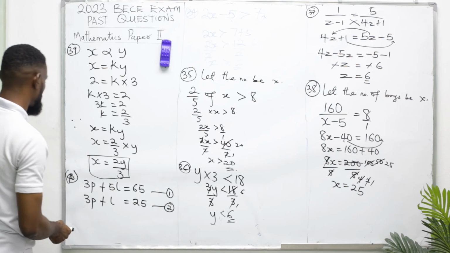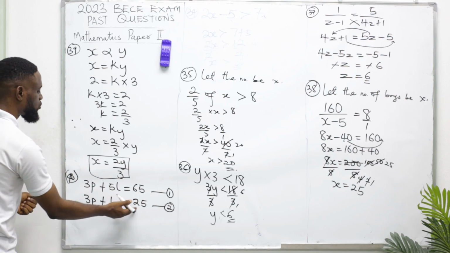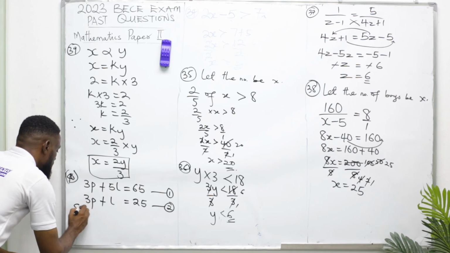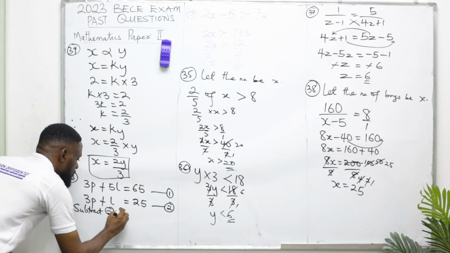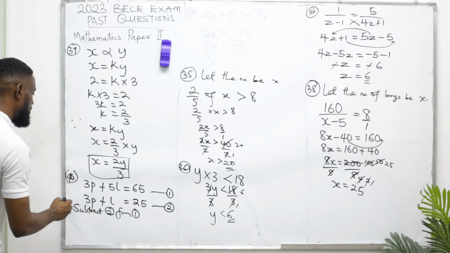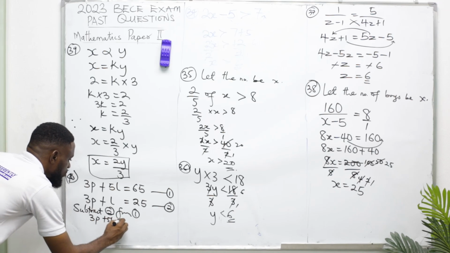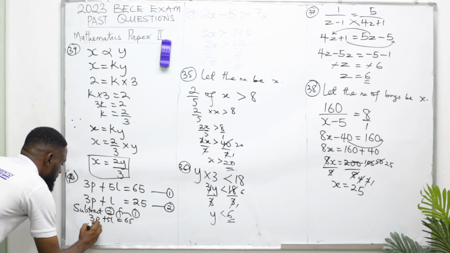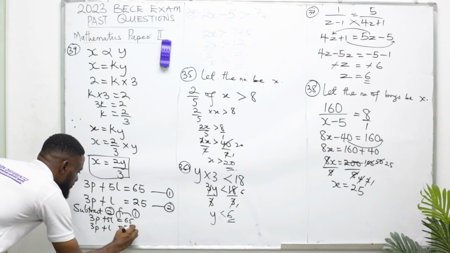So this is what we're going to do. We'll just do simultaneous equation here. Let's subtract equation 2 from 1. So 3P plus 5L is equal to 65, then 3P plus L is equal to 25.